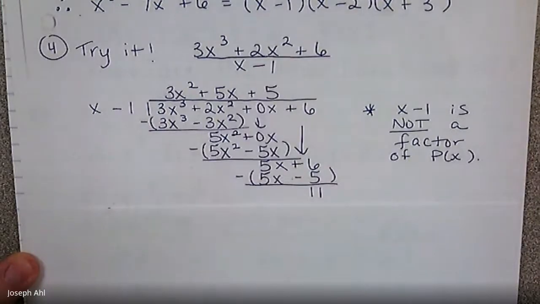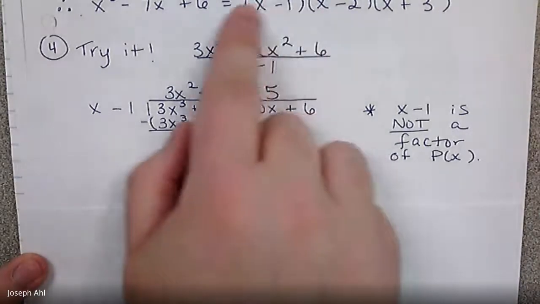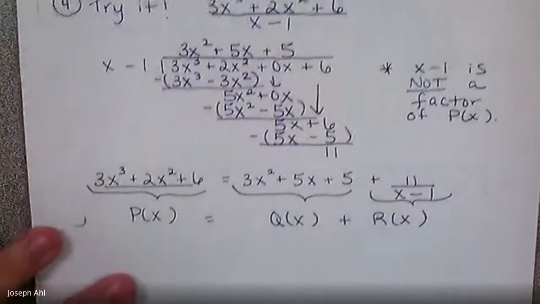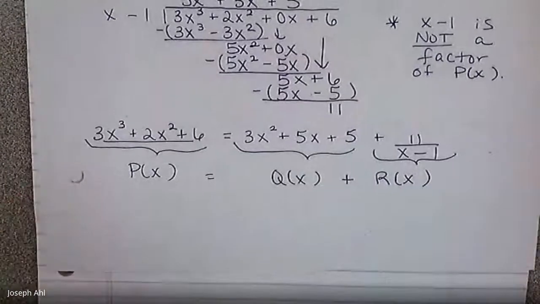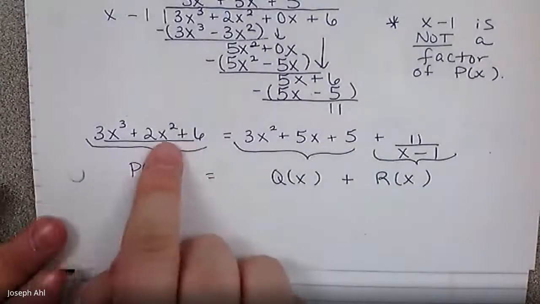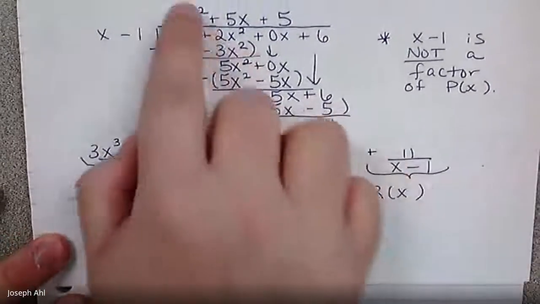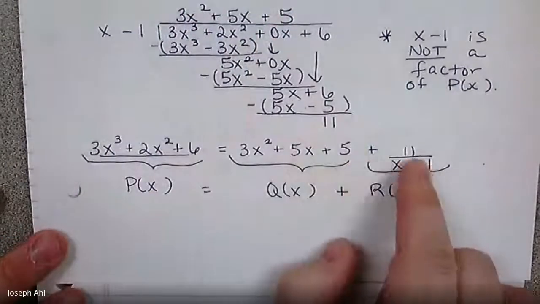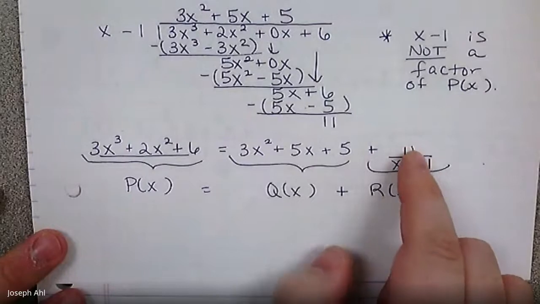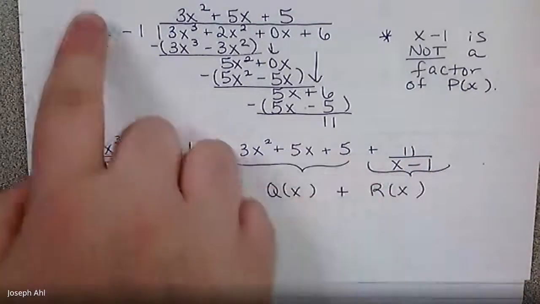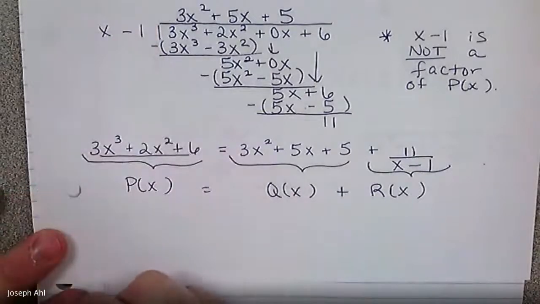If you get 0, of course, that means it is a factor. In this case, we know that it's not. So a way that you can rewrite the polynomial 3x cubed plus 2x squared plus 6: if this is the original p of x polynomial, you can write it as the quotient q of x, what you got from dividing it in, plus the remainder. And if you remember, when you write a remainder, it's 11 over what you're dividing in, which is the x minus 1.